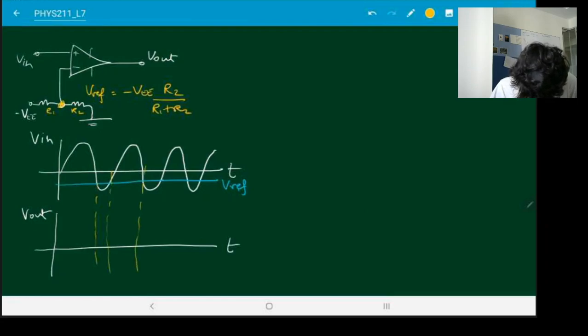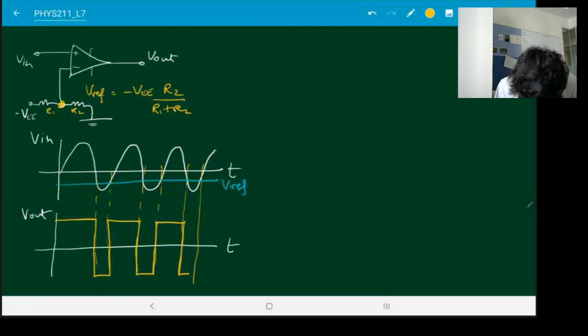So now the switching will happen when the input voltage crosses this negative value of Vref. So my output will look like this. So as you can see, now we have generated a square wave in which more time is spent up and less time is spent down. So you can change your up versus down time of the square wave by adjusting what the reference voltage should be.